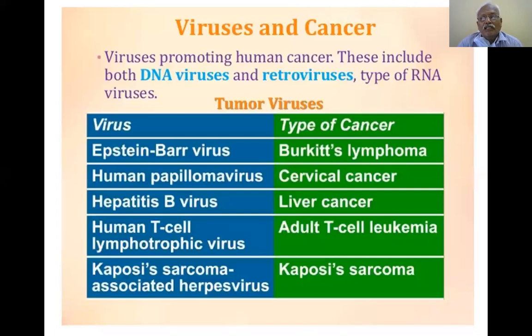So Epstein-Barr virus creates Burkitt's lymphoma. Human papilloma virus causes cervical cancer. So the cervix of the uterus will be subjected to development of cervical cancer as the woman is exposed to multiple sexual practices with multiple sexual partners, or the same husband who is not having good hygiene; subpreputial hygiene may not be maintained by most of the men, and this may lead to cervical cancer development in the partner.